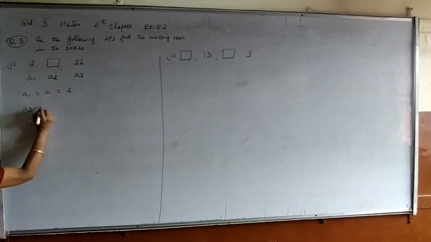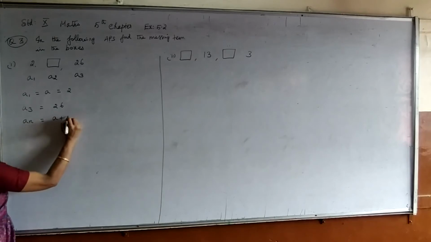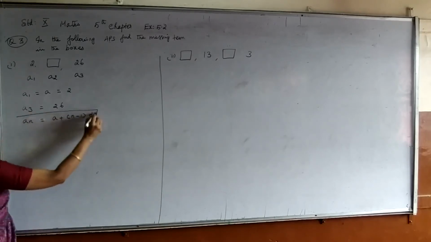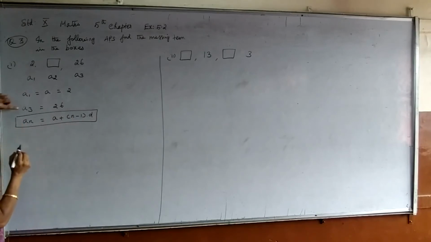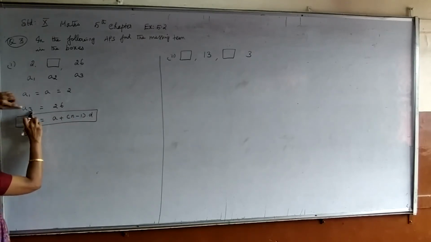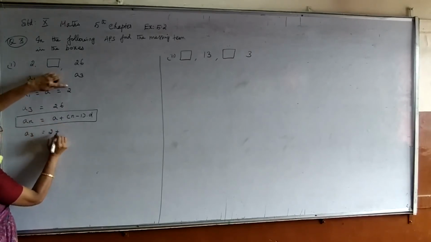So a3 is equal to what? Equal to 26. I use the formula an equal to a plus n minus 1 into d. I am going to use a3 now. A3, so n is equal to what? n is equal to 3. a, what is a? 2 plus.